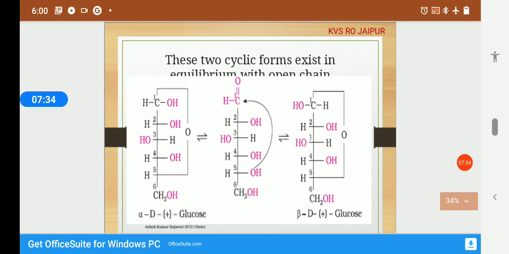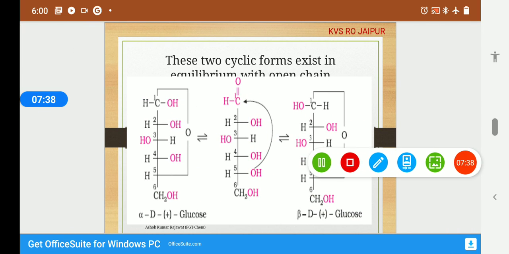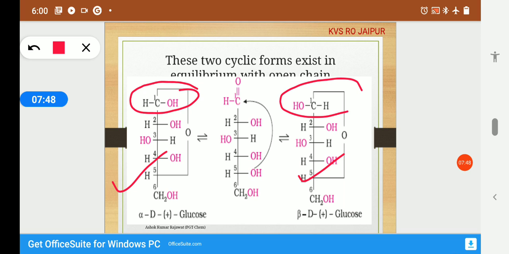Now there are two cyclic structures of glucose. First alpha D glucose and second beta D glucose. Here the difference is here. Just have a glance at these C1 carbon atoms.